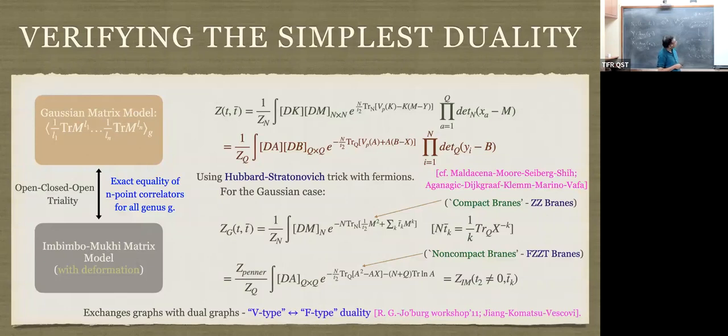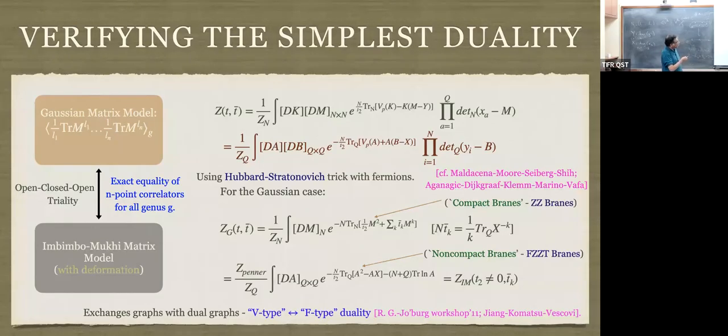And both sides are functions of T and T bar. Exactly. What are T and T bar? Let me come to that. T could be written as 1 over G, just the coupling of this thing. So forget about it for the moment.